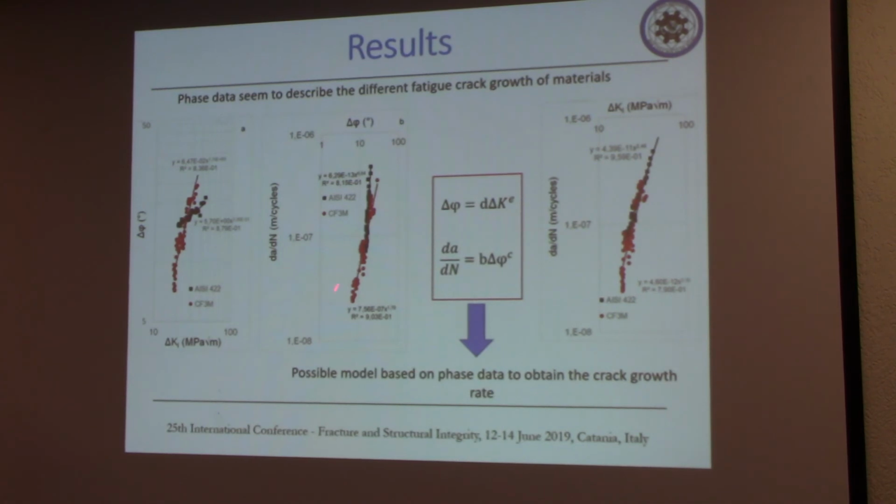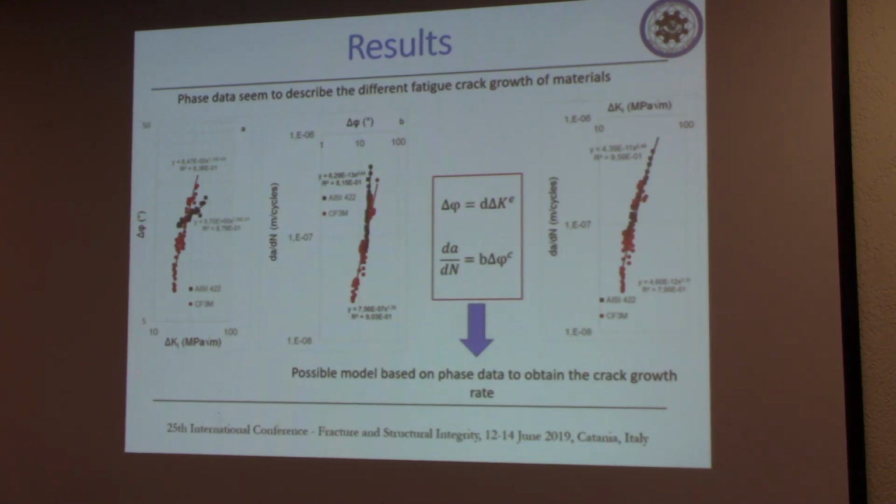So it's very interesting that the phase is capable of discerning the different behavior of the two materials very well. This shows the same data, the Paris law data, the crack growth rate with respect to the stress intensity factor. So the phase seems to describe the different crack growth behavior of the materials much better.